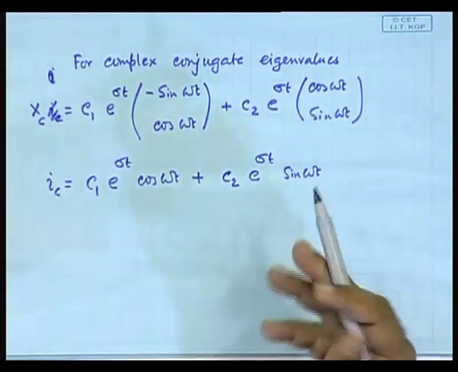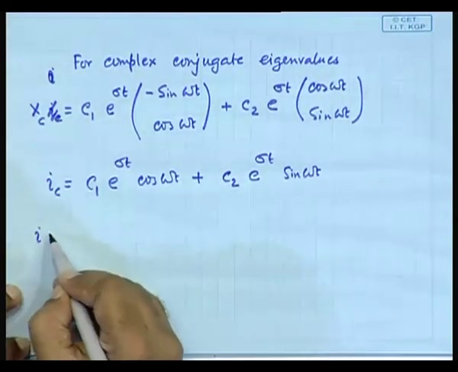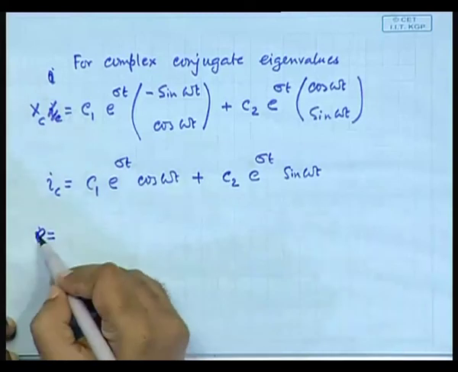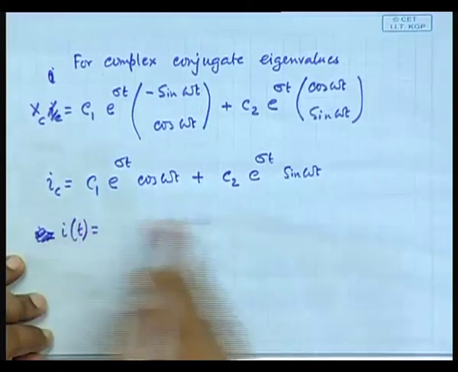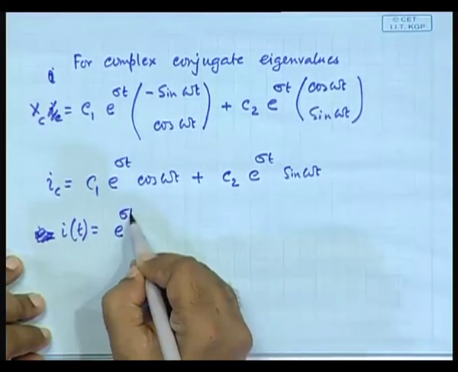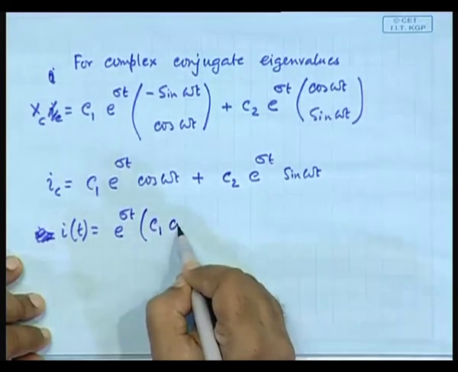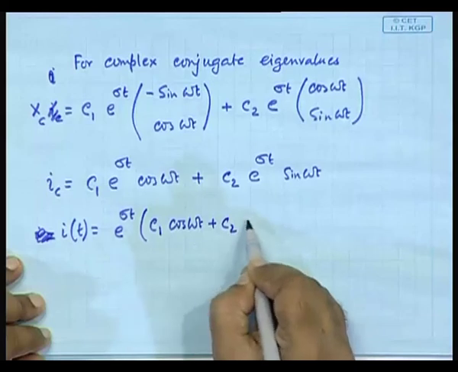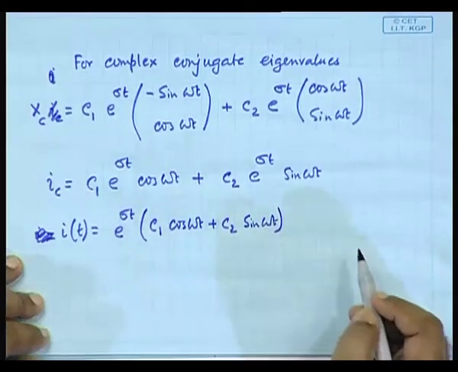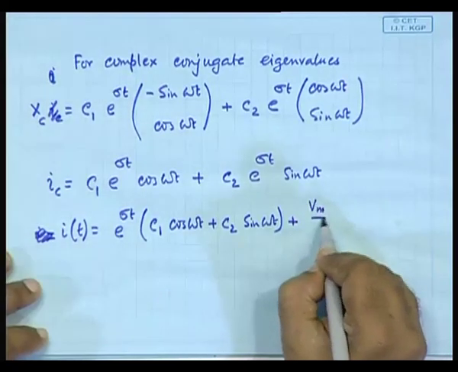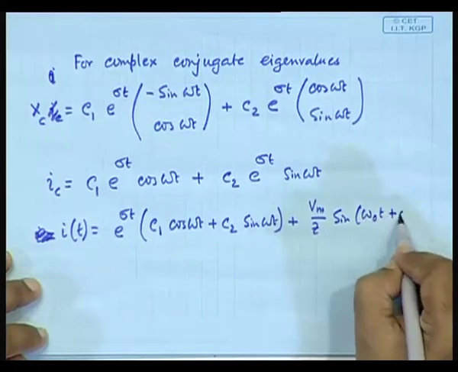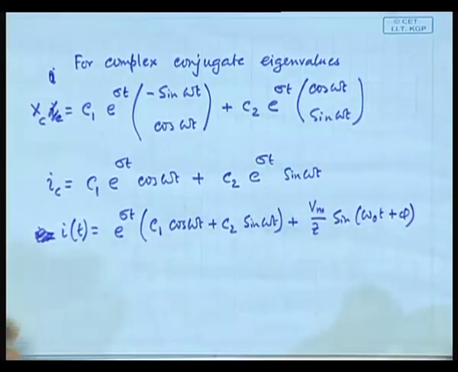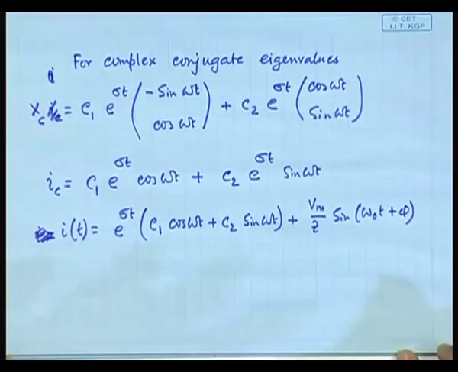The total current I as a function of t will be the addition of these two: e to the power sigma t times C 1 cos omega t plus C 2 sin omega t, plus V m by Z sin omega naught t plus phi. That will be the complete solution.